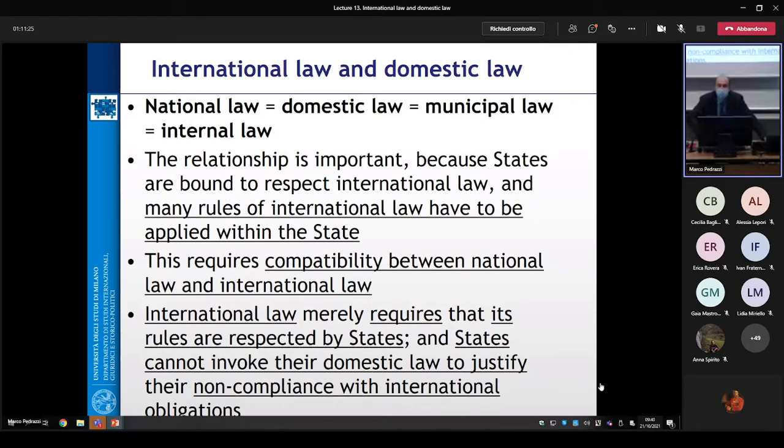And this means, as a consequence, that states, being bound to respect international law, have to make sure that their domestic law is in compliance with international law, because they have to apply international law within the state. In order to do so, you need to have compatibility between the national legal system and the international legal system.